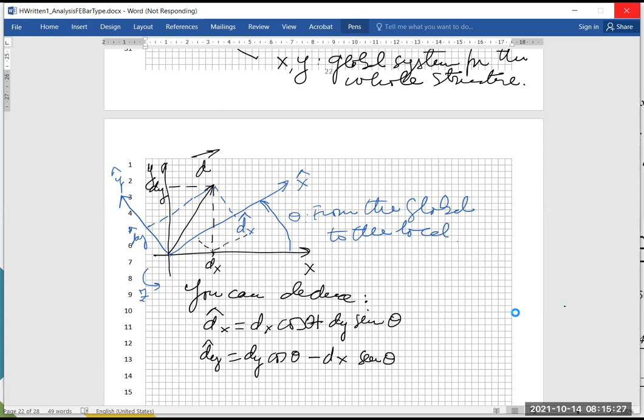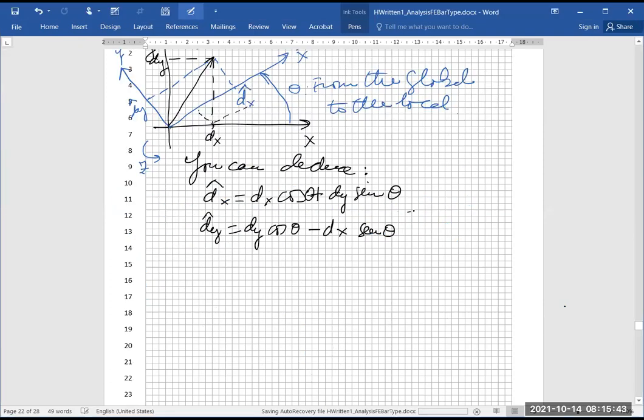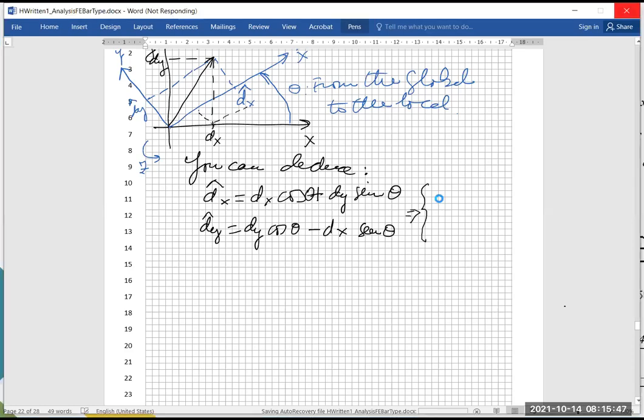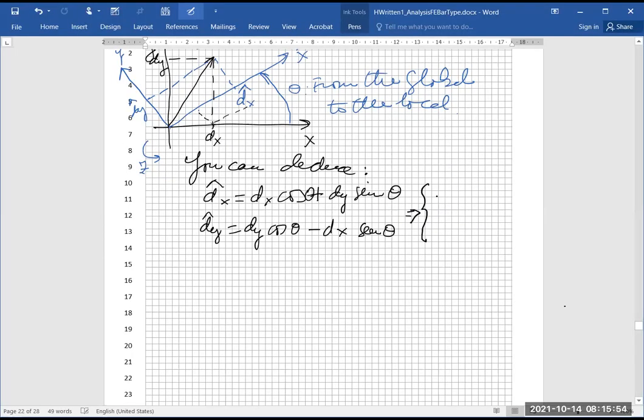The computer is trying to save something, so let's be patient. Okay, so here we can write this thing in the following way. This vector, this is the dx local, dy local.